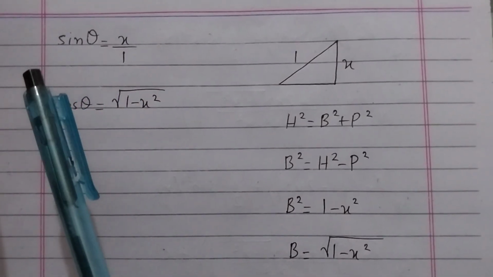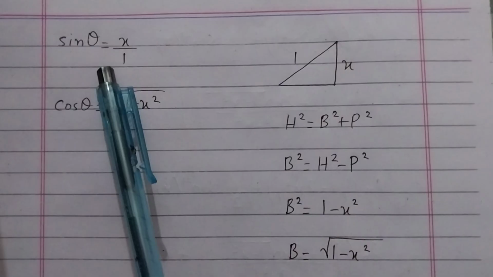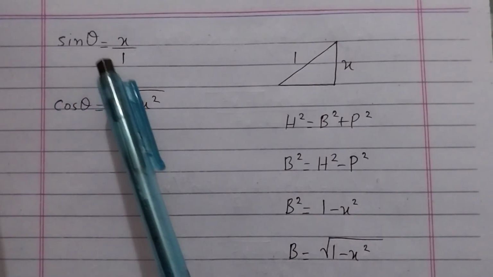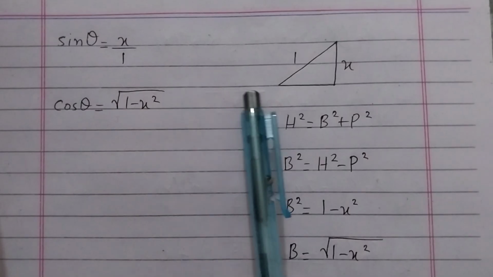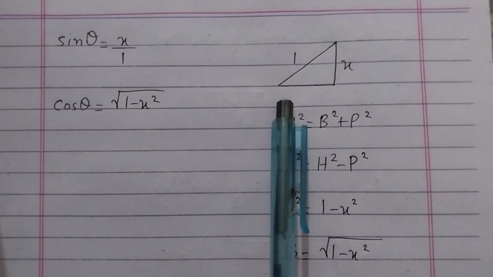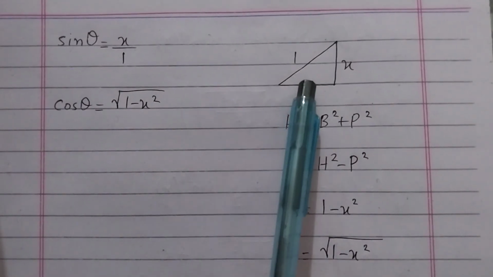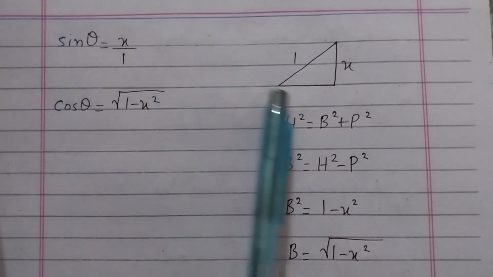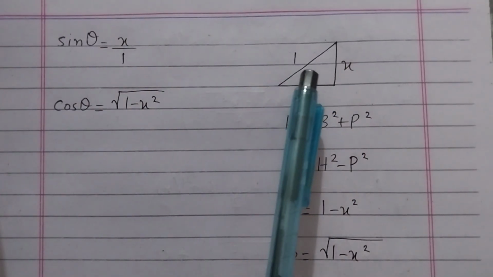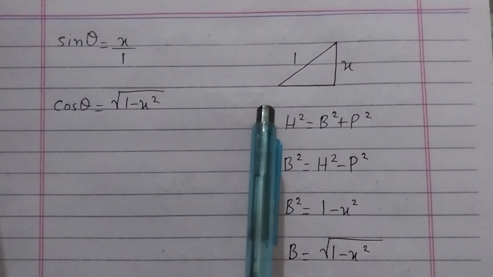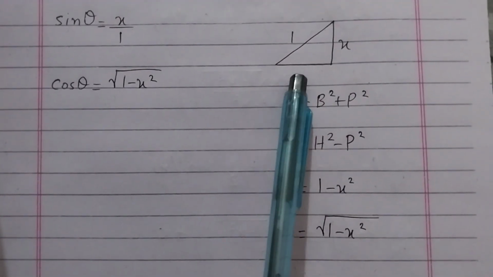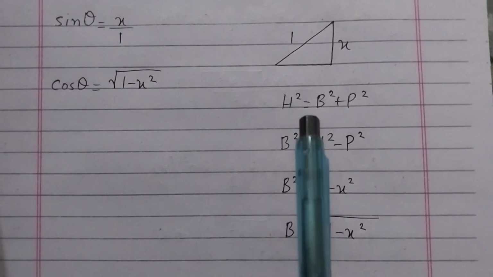And sine theta, we know that it is perpendicular over hypotenuse, it's a ratio. So we'll draw a right angle triangle and evaluate the third side of this triangle. Perpendicular is x, hypotenuse is 1, and the third side is base. So we will use Pythagoras theorem to calculate the value of that third side.